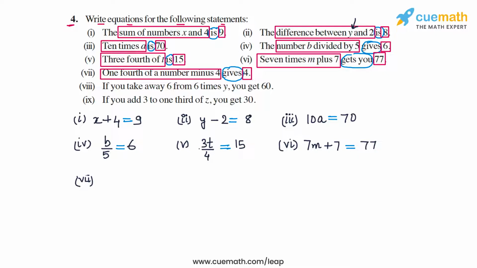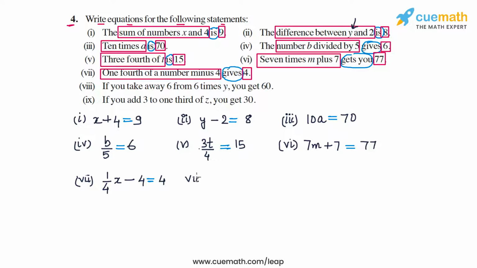Now we're not given the variable here, we are just told that 1/4 of a number minus 4. So let's assume that that number is x. So 1/4 of x minus 4, so let's write it like this, 1/4 of x minus 4. So this becomes your LHS, and the RHS becomes 4, and these two are equal. So this is our equation for part 7.